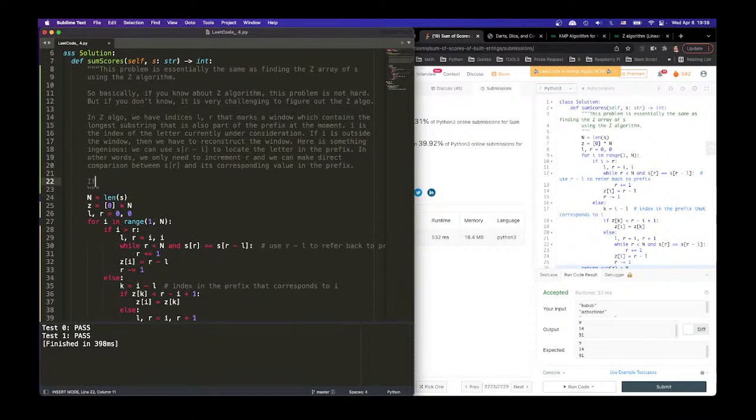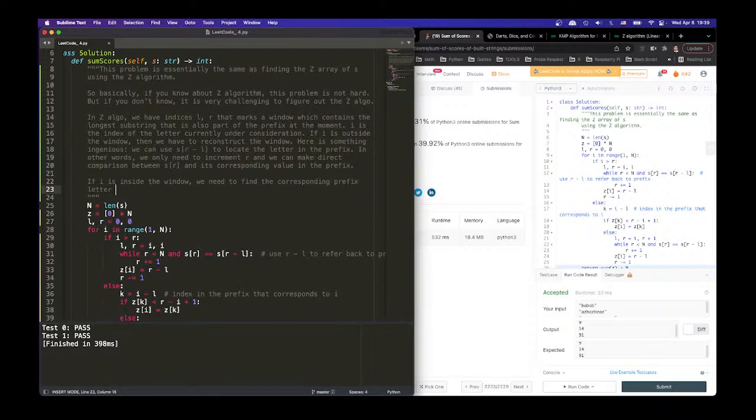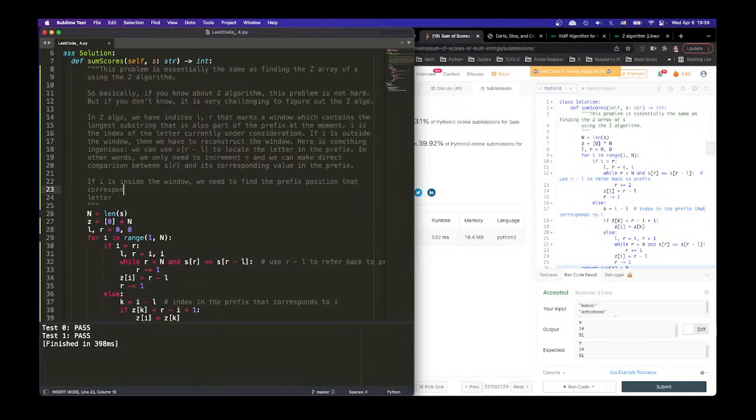Now, if I is inside the window, we need to find the corresponding prefix letter, the prefix position that corresponds to I in the current window.